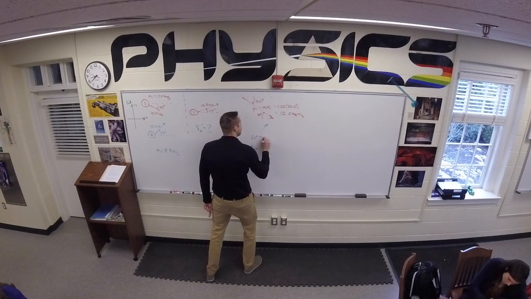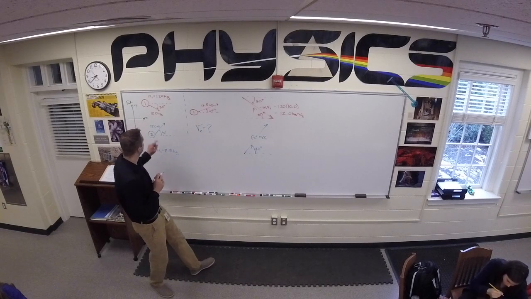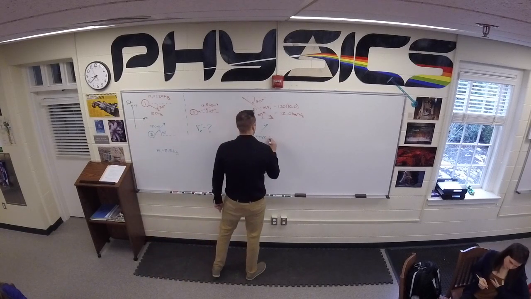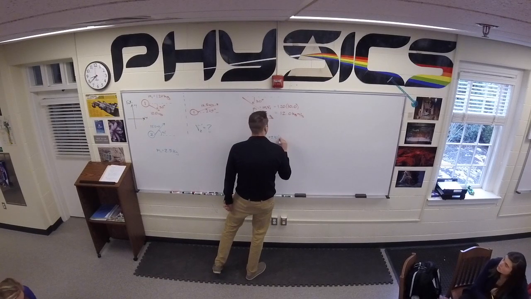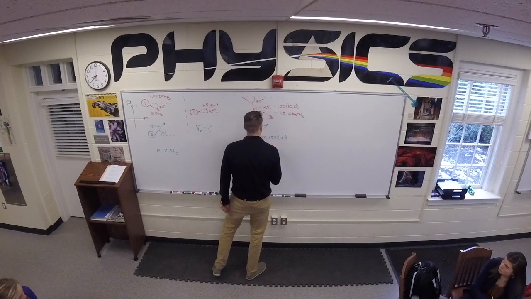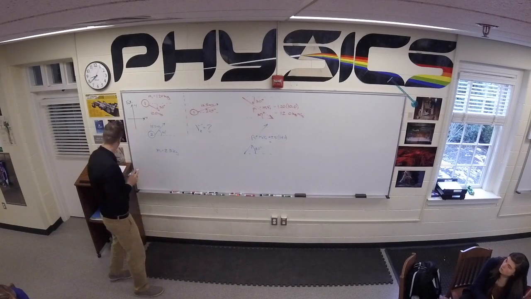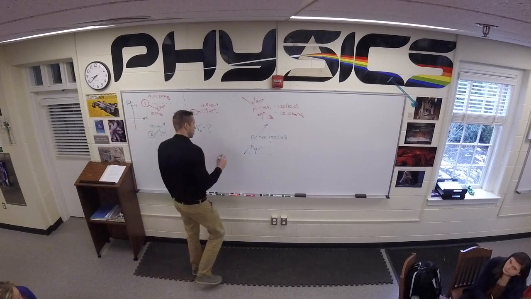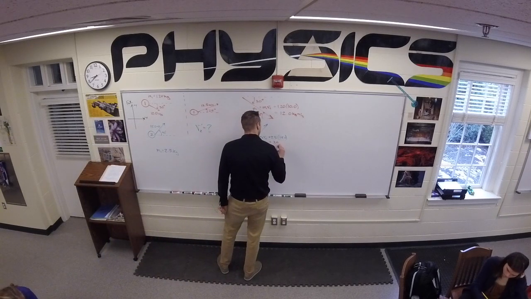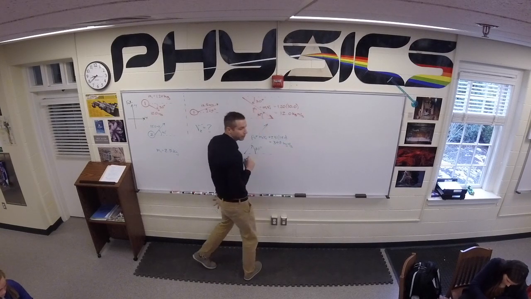P2 is M2 times V2, which in this case is 2.31 times 15.0, which is 34.65, so 34.7 kilogram meters per second.